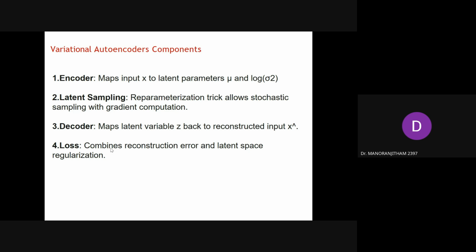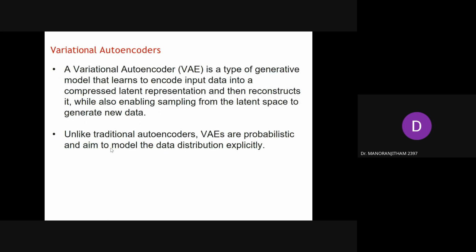So what are the components of VAE? We have the encoder, latent sampling, decoder, and loss. These are the four components in a VAE. The encoder first maps the input X to latent parameters. The autoencoder uses the input data and encodes it into a latent representation.